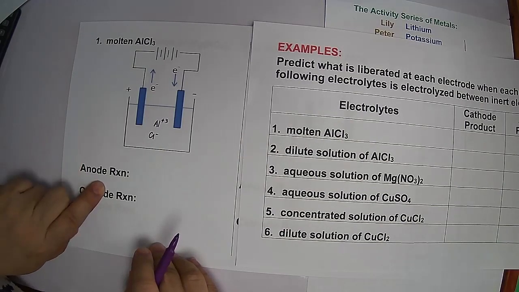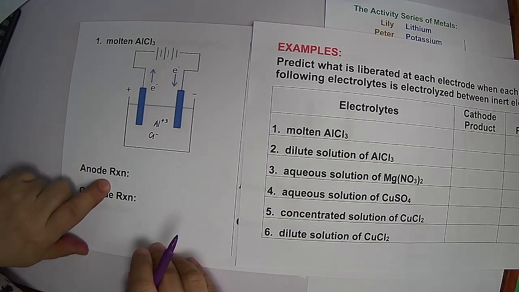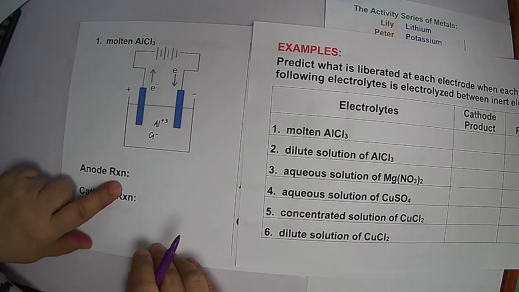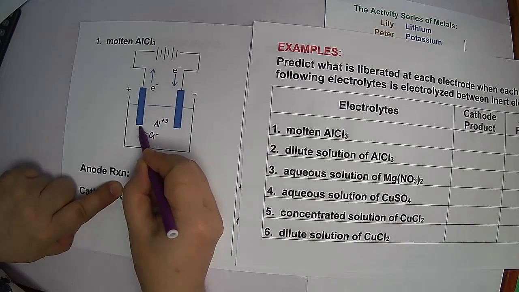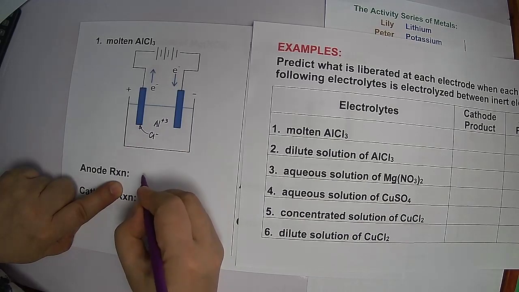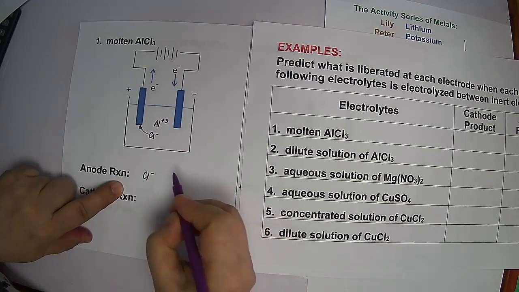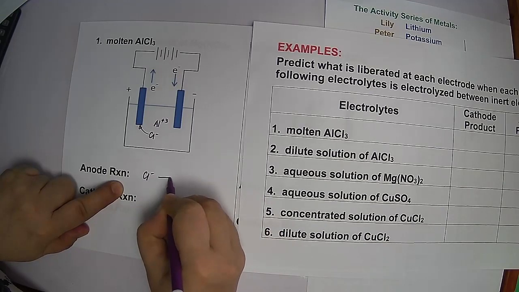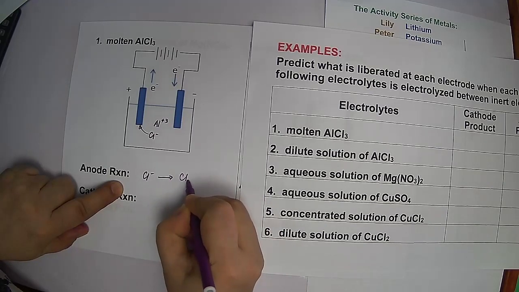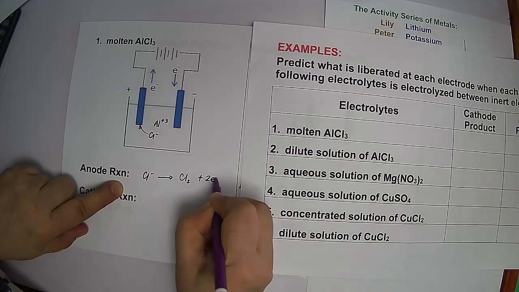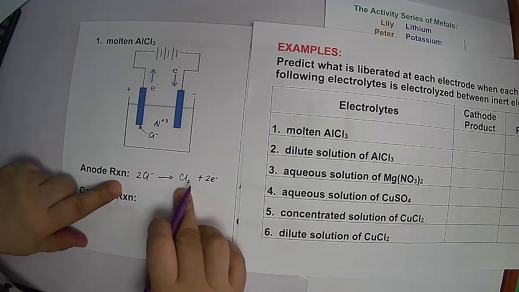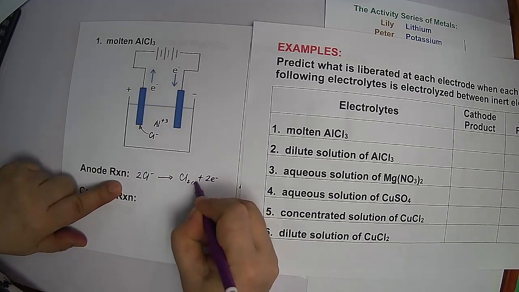So at the anode, an oxidation reaction must take place. It is the chloride here: chloride, negative, has to lose 2 electrons to become chlorine gas.